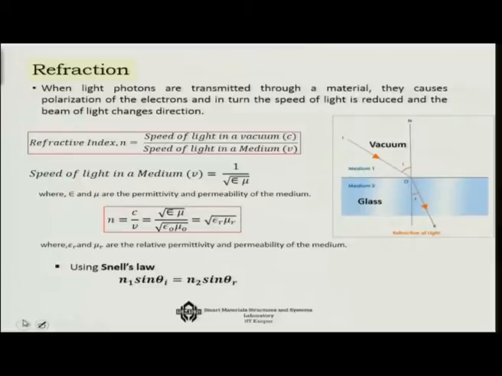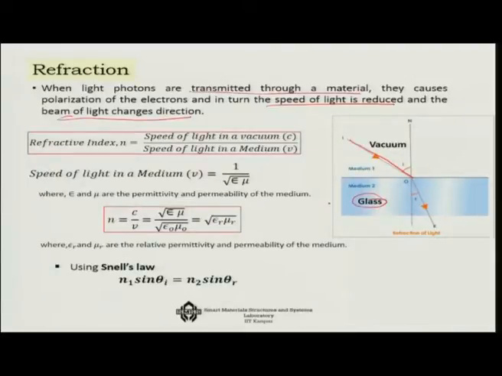So, when light photons are transmitted through a material, they actually cause polarization of the electrons, and in turn the speed of the light is reduced and the beam of light changes its direction. Okay. So, from the vacuum, for example, the light is coming to any such non-metallic system.